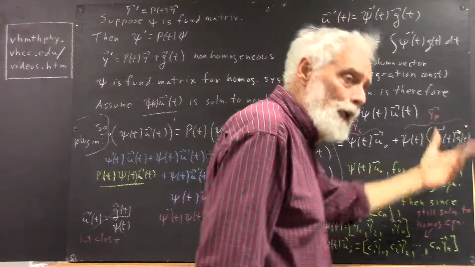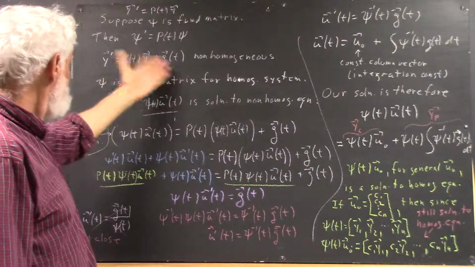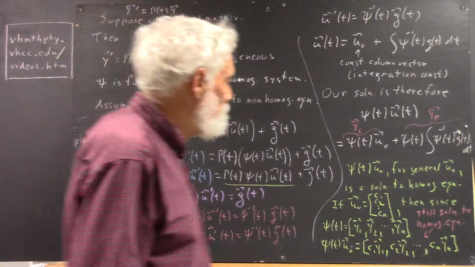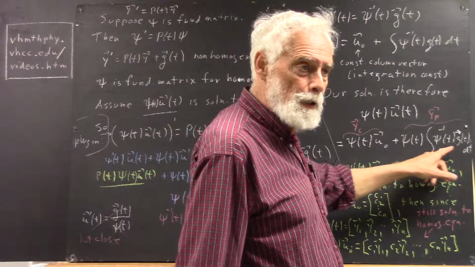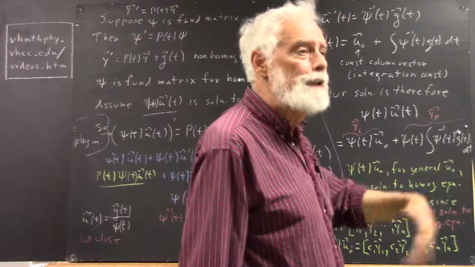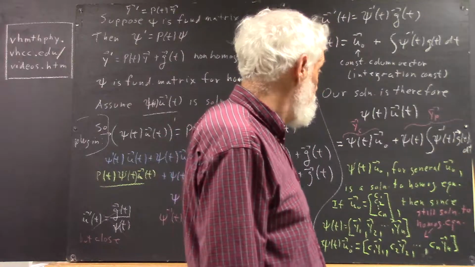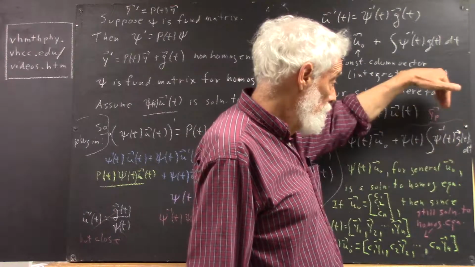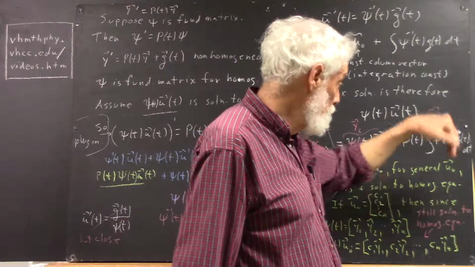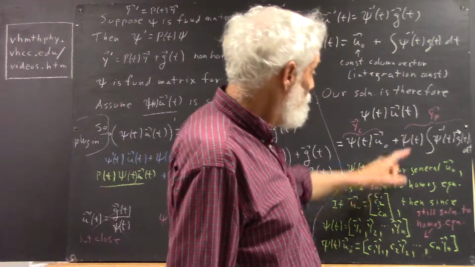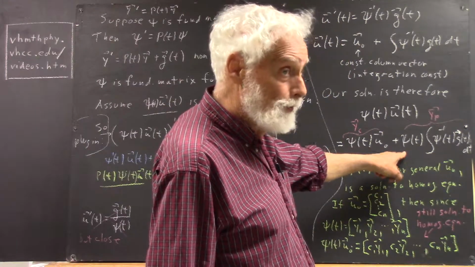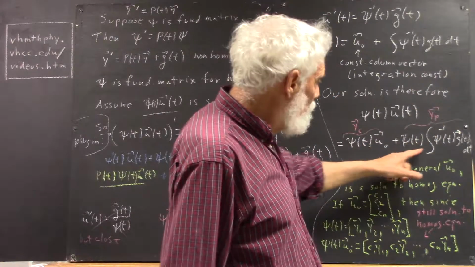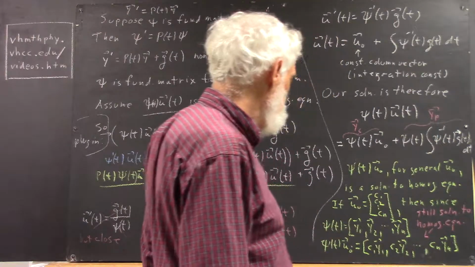G of t, in order to be compatible up here, has to be a column of n functions. If I multiply an n by n matrix by a column of n functions, I get n functions. I have to be able to integrate all of them. And I'll get a column of n functions and antiderivative functions, which I then multiply by my psi of t matrix, giving me a different column of n functions. That will be my particular solution.